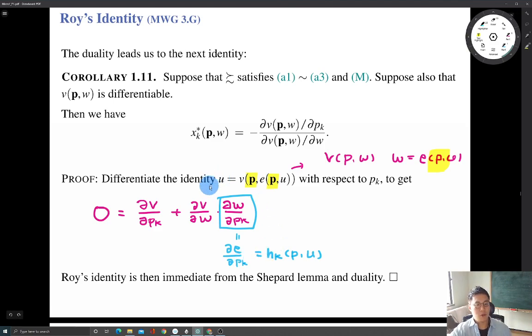All right, but u is given by indirect utility. Okay, so we can plug in this indirect utility here to obtain h sub k of p comma v of p comma w. Then by the duality between Hicksian demand and Walrasian demand, we know that this is simply the Walrasian demand for good k.